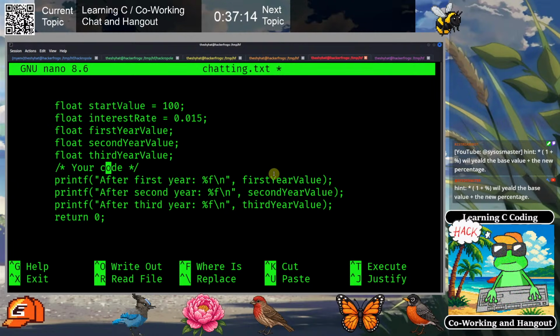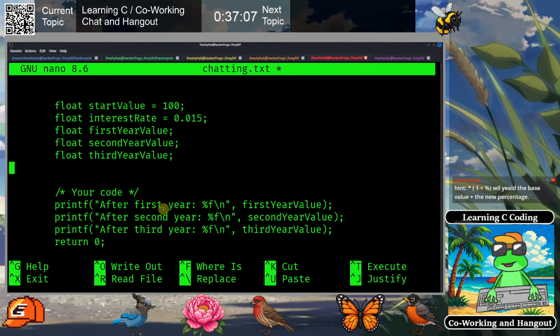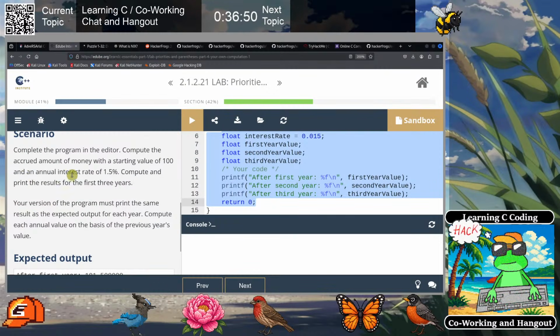So my code goes here. So start value is 100. Interest rate equals 0.015. And they tell us that the annual interest rate is 1.5%.